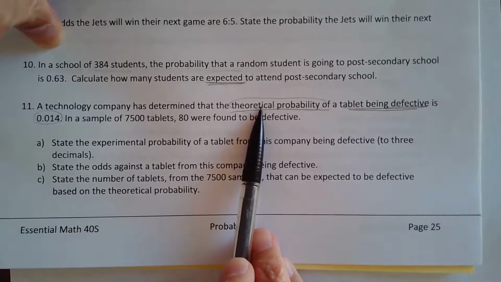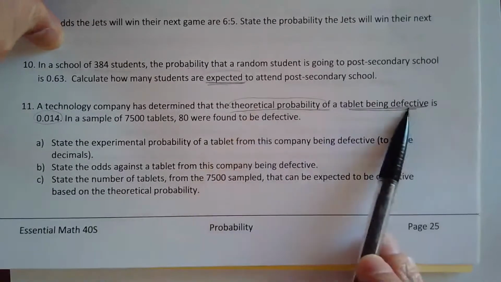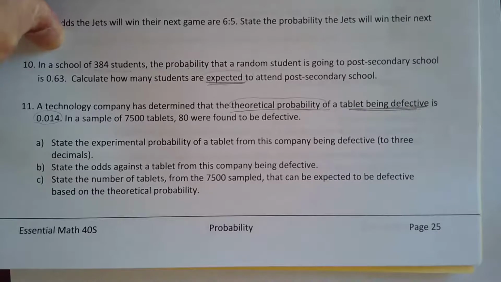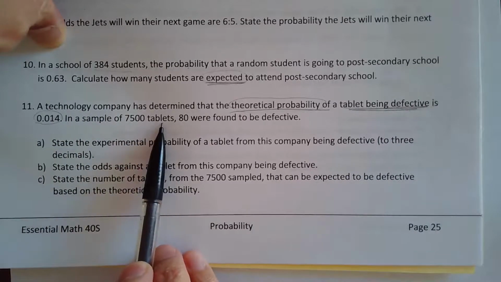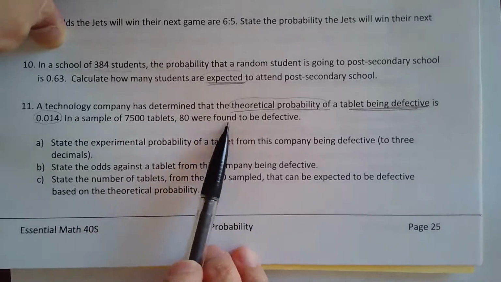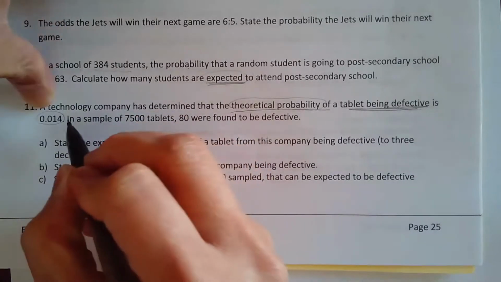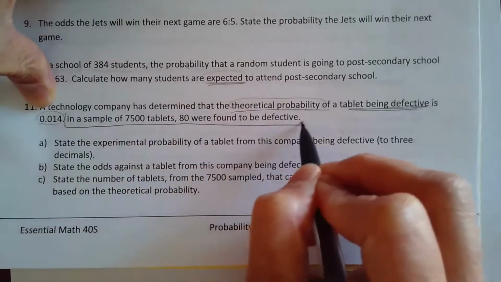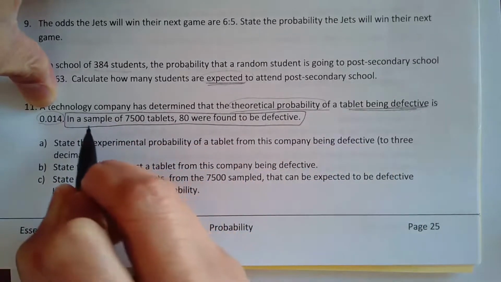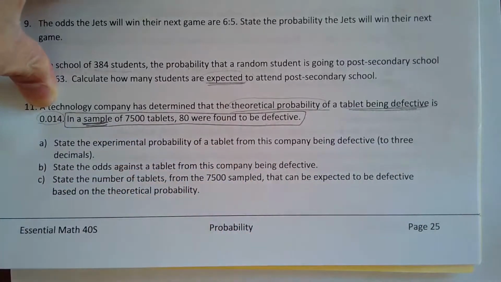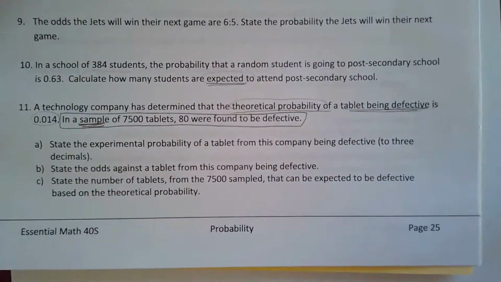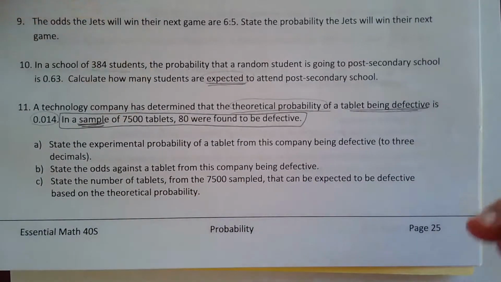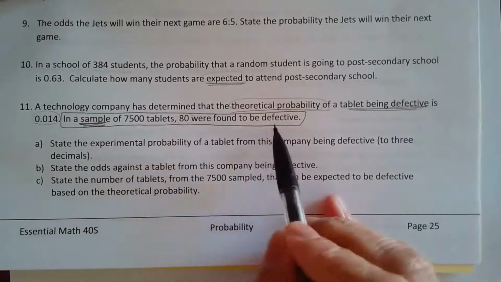So theoretical probability, what's the event? Defective tablet. In a sample of 7,500 tablets, 80 were found to be defective. So now, if you look at this part over here, can you see the word sample? What they did is they physically take the tablet, inspect it, and then they found that 80 were defective.